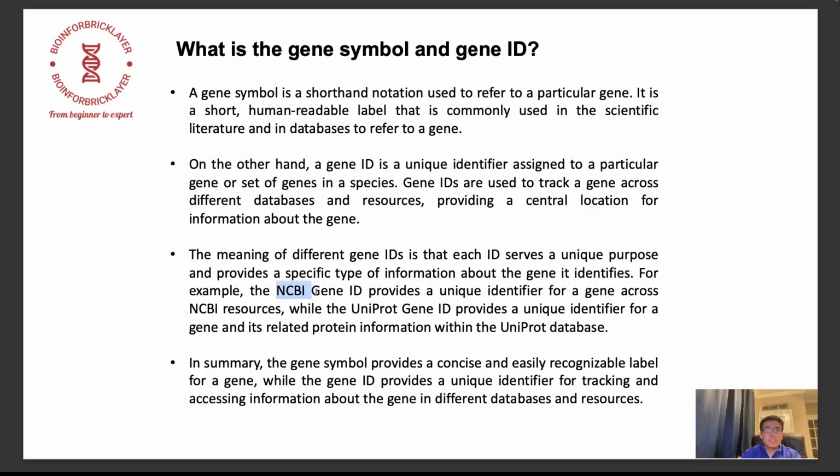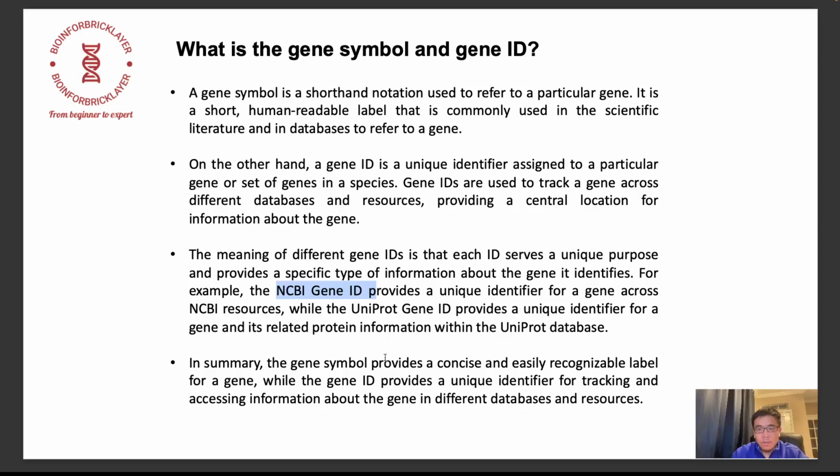The NCBI gene ID provides a unique identifier for a gene across NCBI resources, while the UniProt ID provides a unique identifier for gene-related protein information within the UniProt database. So gene IDs are mostly used for a specific database. In summary, the gene symbol provides a concise and easily readable label for a gene, while the gene ID provides a unique identifier for tracking and accessing information about this gene in different databases and resources.